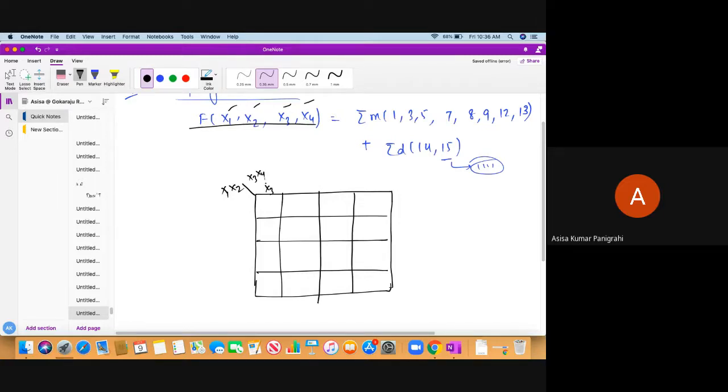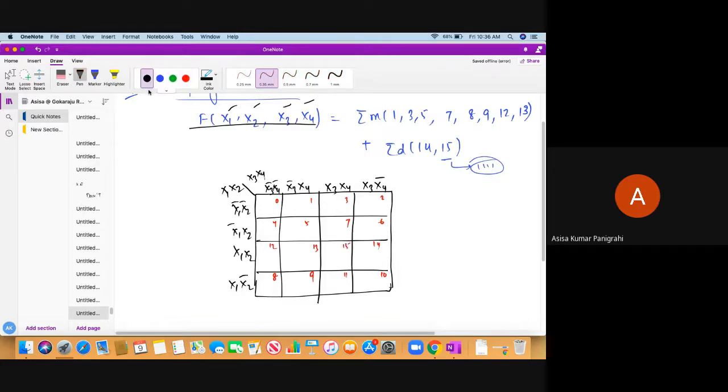So this is x3 bar x4 bar, x3 bar x4, x3 x4, x3 x4 bar. Next, x1 bar x2 bar, x1 bar x2, x1 x2, x1 x2 bar. Now my minterm positions are 0 through 15.